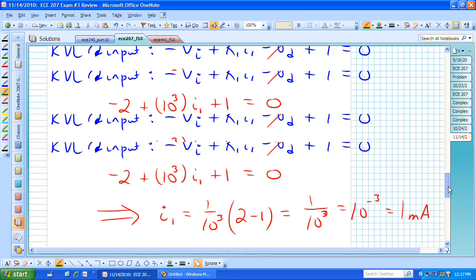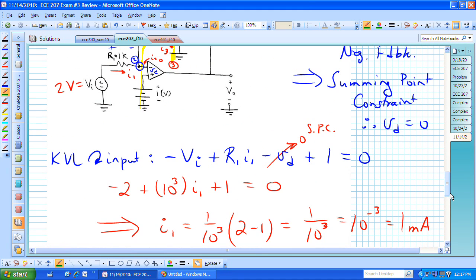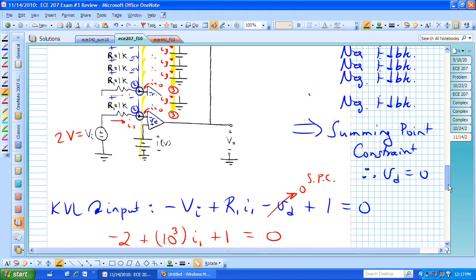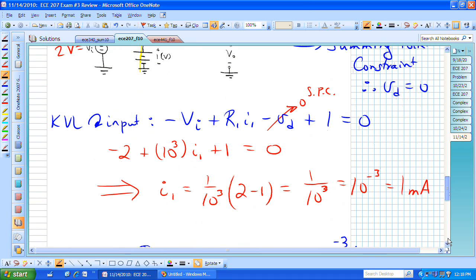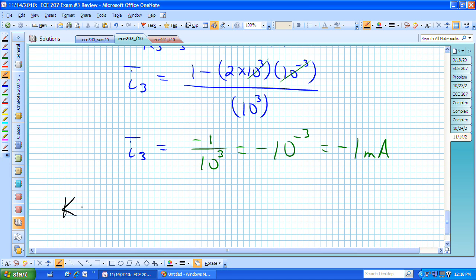Now that we know I sub 2 and I sub 3, we can go back into our circuit and say, well, if I find KCL at node 4, which is going to say that I sub 2 is going in, I sub 3 bar and I sub 4 are both leaving, I can now solve for I sub 4. KCL at 4: I sub 2 was going in.